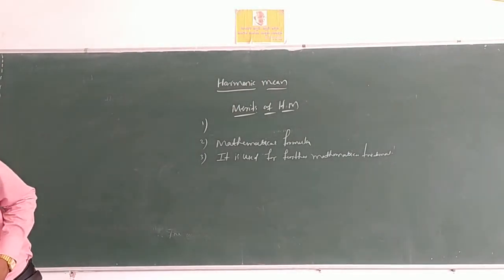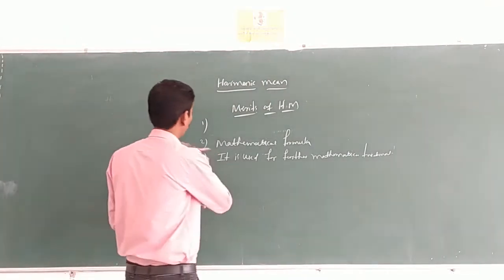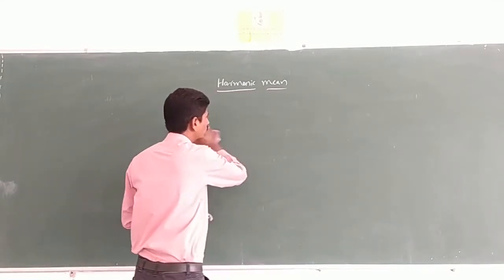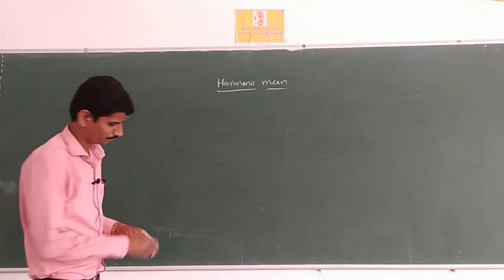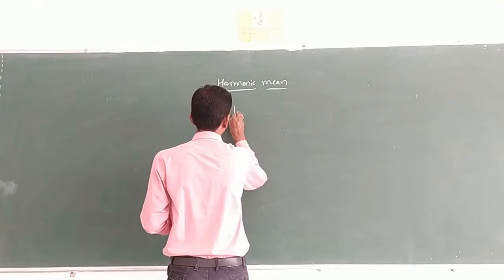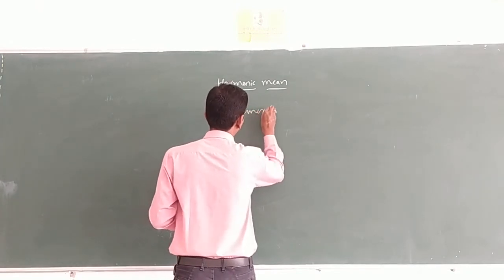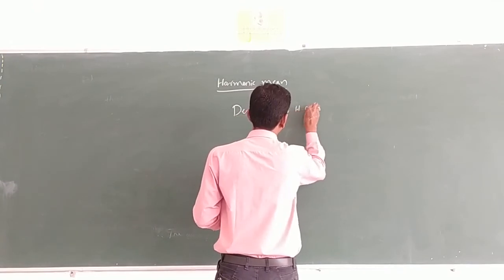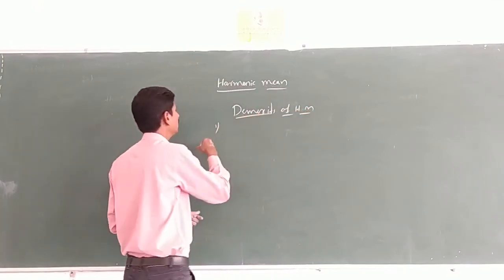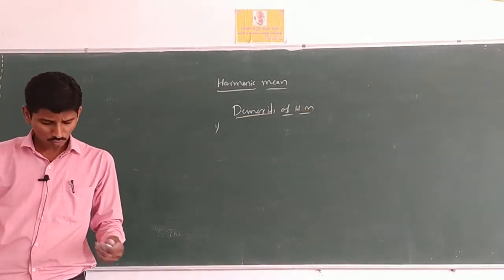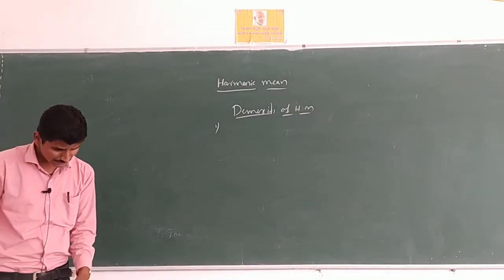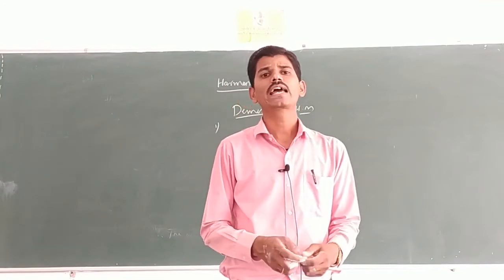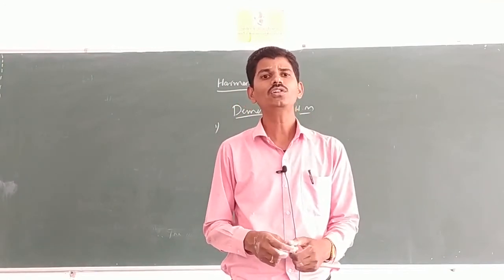The next, demerits of harmonic mean. The first demerit is, it is not easy to calculate and difficult to understand.